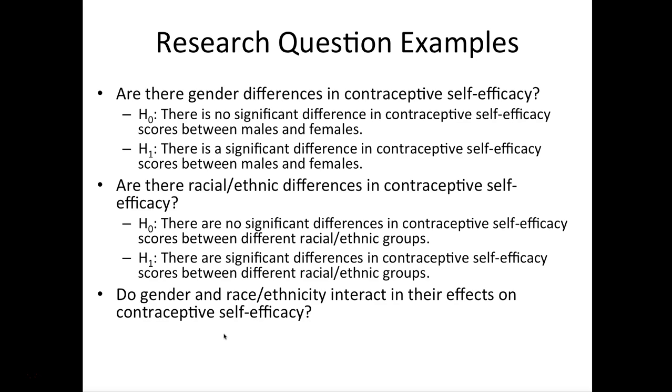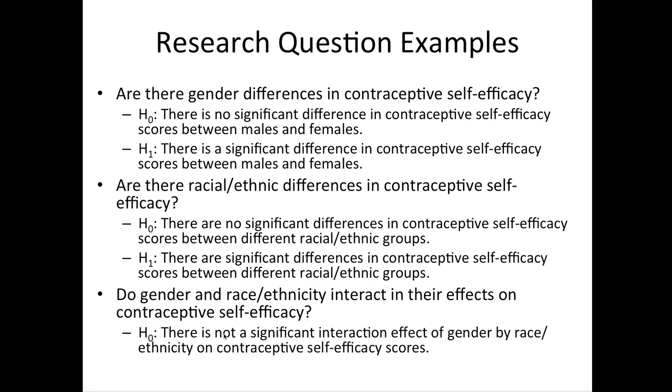So this would be a situation in which we might think that maybe we're looking at adolescent Black females, and we think that they're going to be different in some ways than some of the other groups. So white adolescent females, white adolescent boys, and we'll go through this example in just a second. So our null hypothesis would be that there's not a significant interaction effect of gender by race ethnicity.